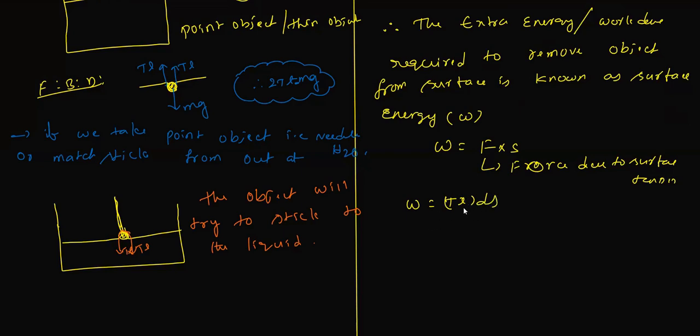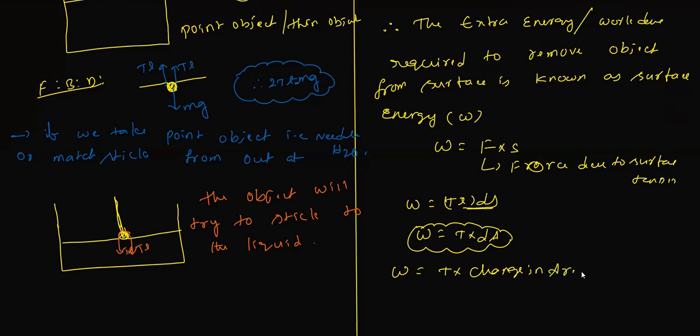This L into ds can be written as area. Therefore, work done equals T into dA. So this is the surface energy formula in terms of surface tension: work done equals T into change in area. We can conclude dA means change in area of the surface, which we can remember. And this formula is very helpful while deriving the equations.